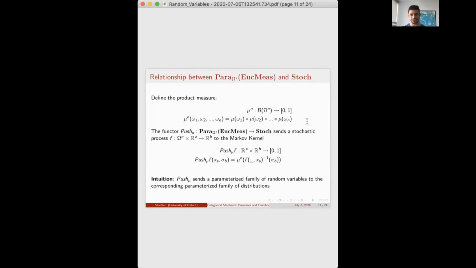This allows us to continue expanding the set of probability spaces that we're mapping over, and have the stochastic processes compose as if each of the random variables indexed by any morphism is independent. This then allows us to define a functor from para omega UCMES into Stoke that sends a stochastic process to its corresponding Markov kernel.